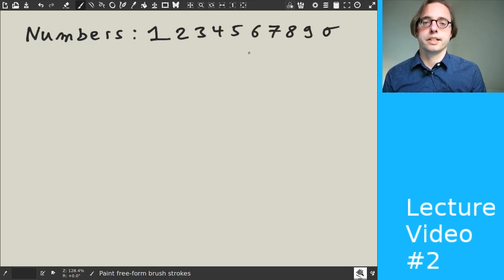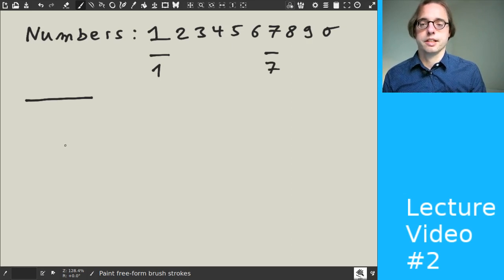So pay attention to how my 7 looks like and how my 1 looks like. Sometimes I write the 1 also without the little thing here. So sometimes I write it like this. This is a 1 as well. And the 7 is always with the horizontal stroke here. So this is my number, just to avoid any confusion. So that's the European spelling, basically, not the American spelling.